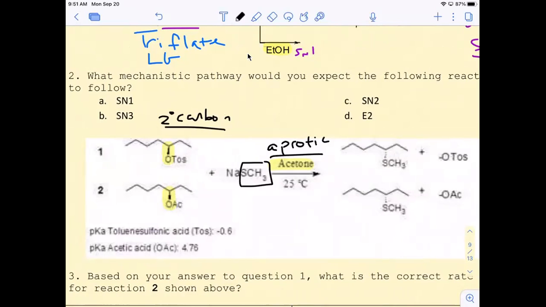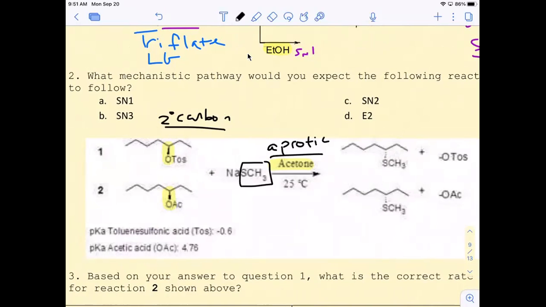Substitution. Well, it's definitely a substitution, but since the carbon is secondary, right? It could be SN2 or SN1. But the fact that it's an aprotic solvent is a dead giveaway too. Because aprotic solvents, which mechanism do they facilitate? SN2.